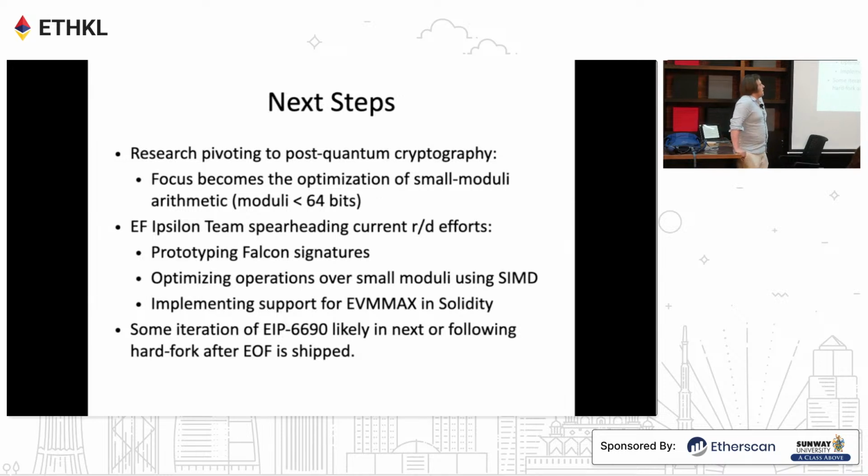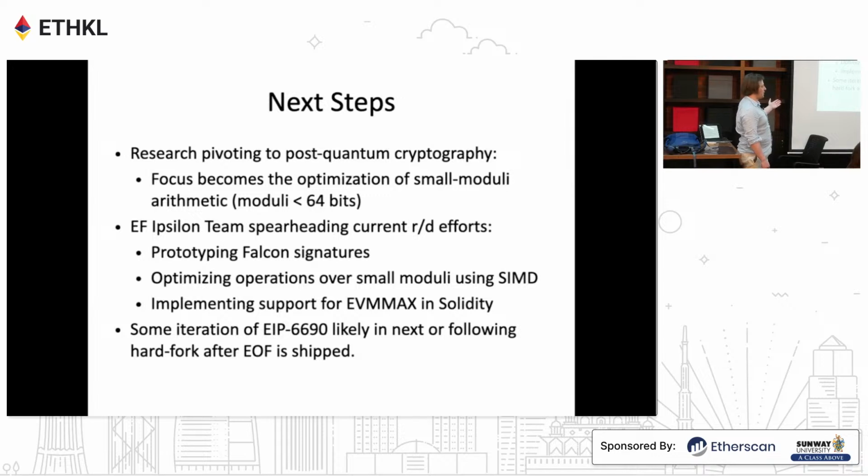So the BLS stuff I just showed you was actually implemented like two years ago. The proposal has been dependent on EOF, which is kind of tangential to the details of 6690, but EOF gives us the ability to add new opcodes with immediates, and this depends on that.